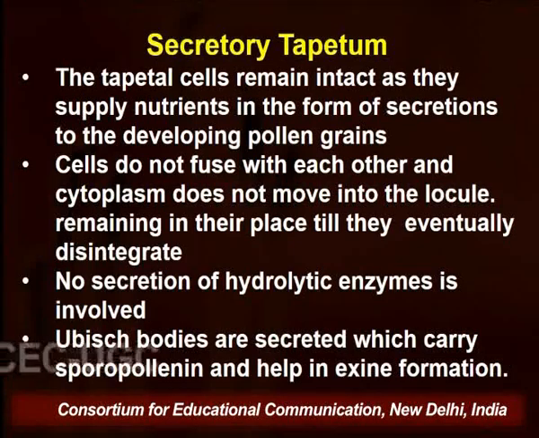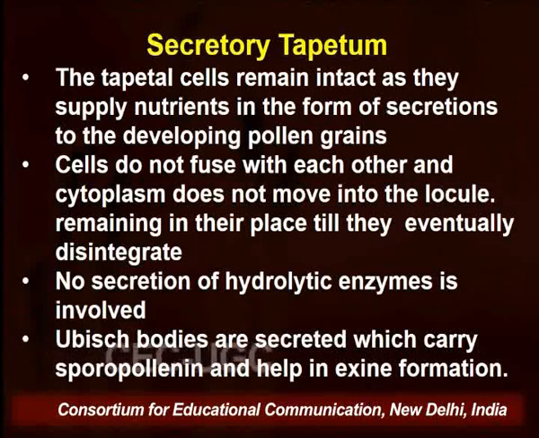So, they are not fusing here with each other, nor are they moving into the anther locule, but they remain in their own place, and from there only they secrete nutrition into the anther locule and eventually they disintegrate. There is no secretion of hydrolytic enzymes involved here, which was involved in amoeboid tapetum.